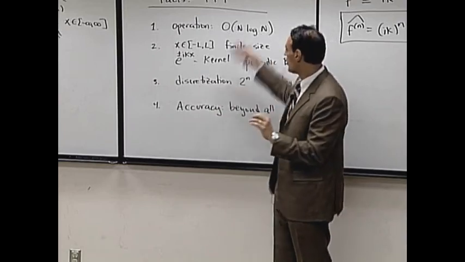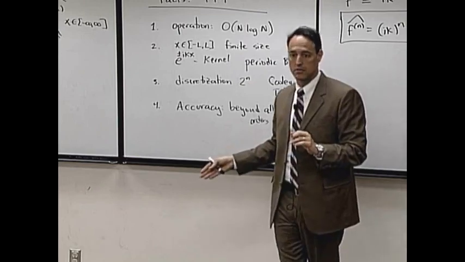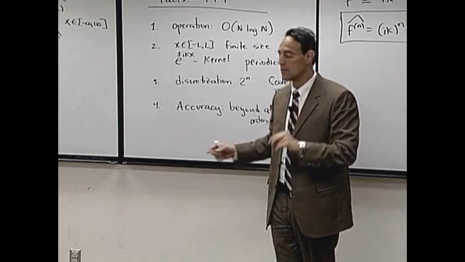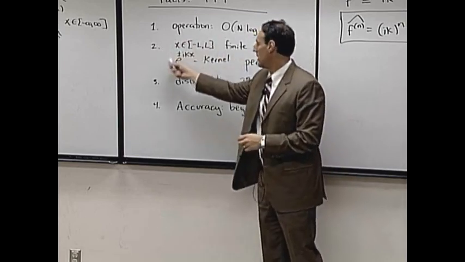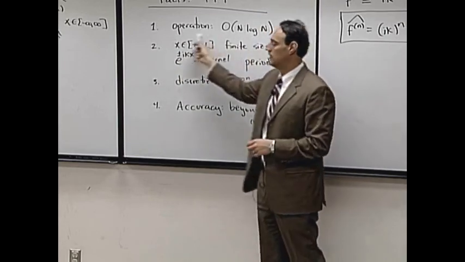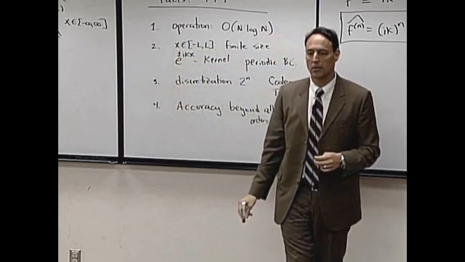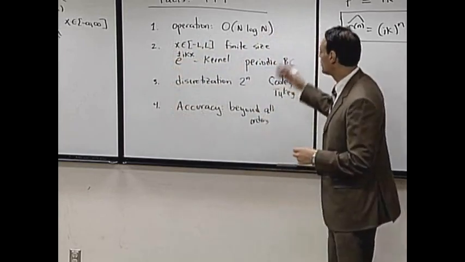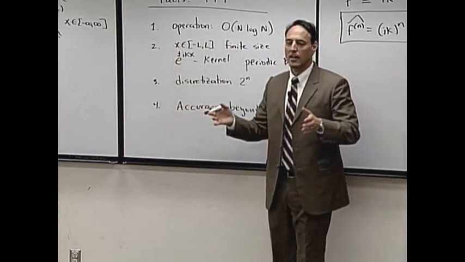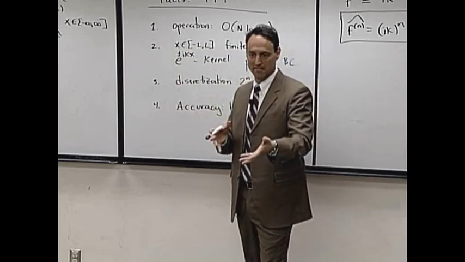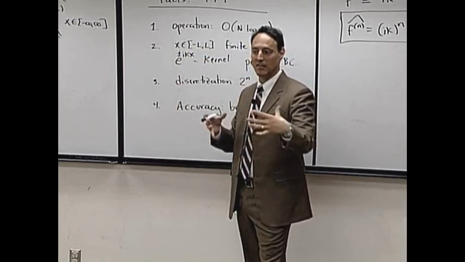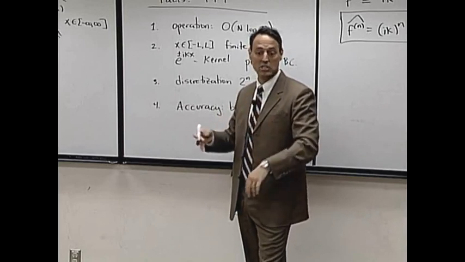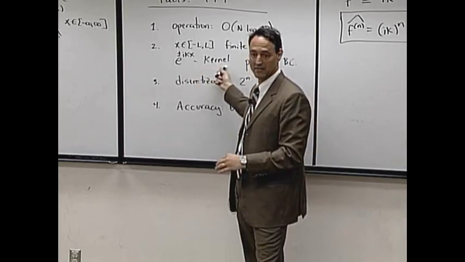Okay? So, ton of advantages. And here's your big disadvantage. You have to ask that question, can I live on a periodic domain? And I like to always say this is like having a Ferrari. You have this super sweet, fast car that just can fly, as long as it's on a track.